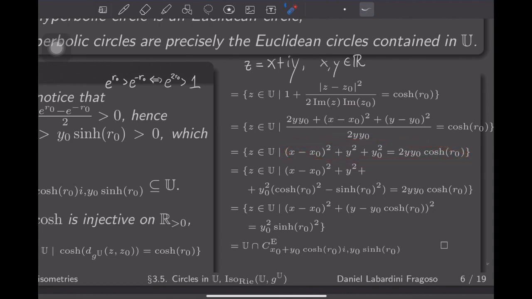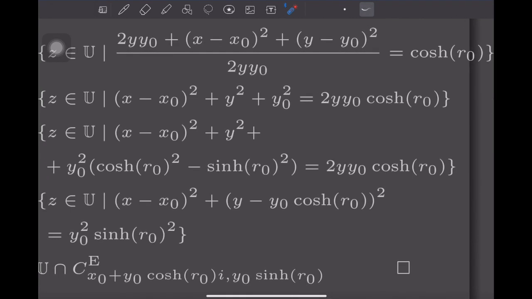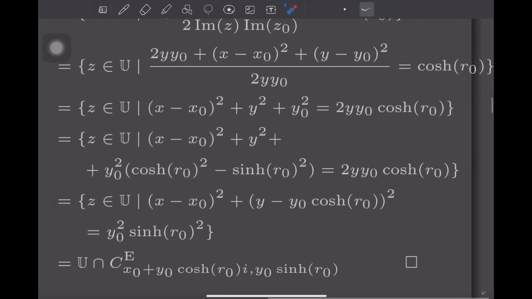Now in this equality, I notice the following. I have 2y naught, which gives me the idea of coming from some square.